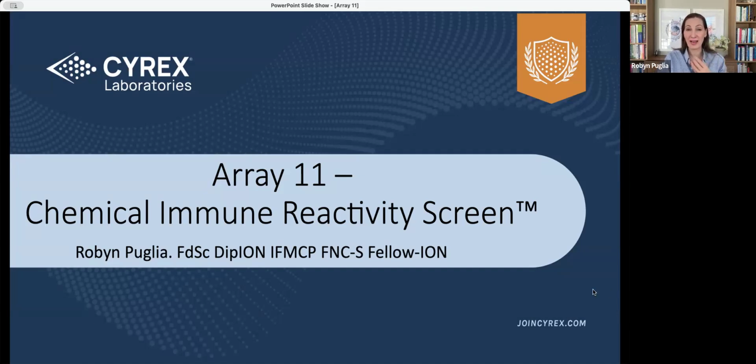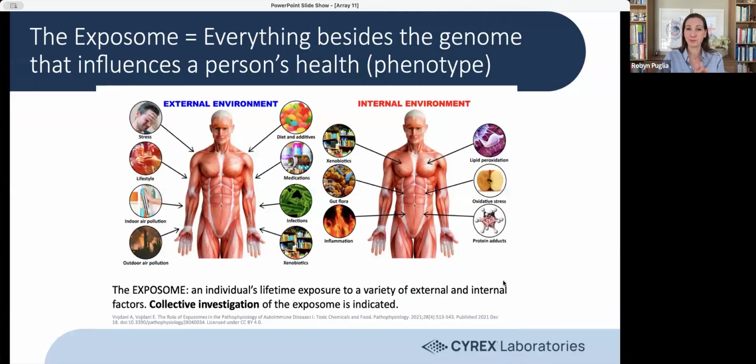So the chemical immune reactivity screen is part of our assessment of the environmental drivers of immune system dysregulation, which is one of the hallmarks, of course, of autoimmune disease. We know that to develop an autoimmune disease, it is considered necessary to have three important variables.